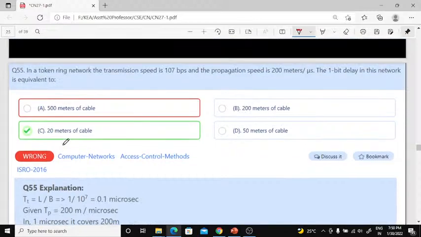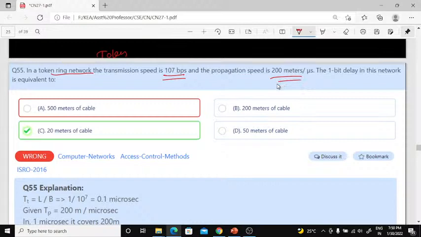In a token ring network, the transmission speed is 10 raised to 7 bits per second and the propagation speed is 200 meters per microsecond.